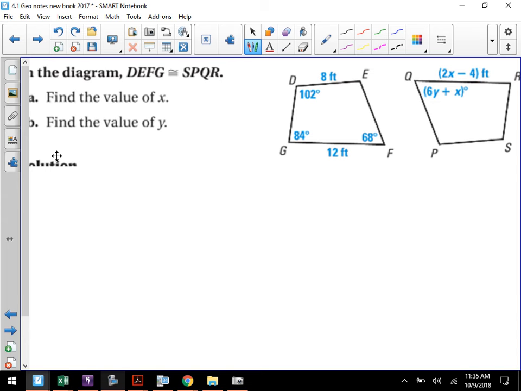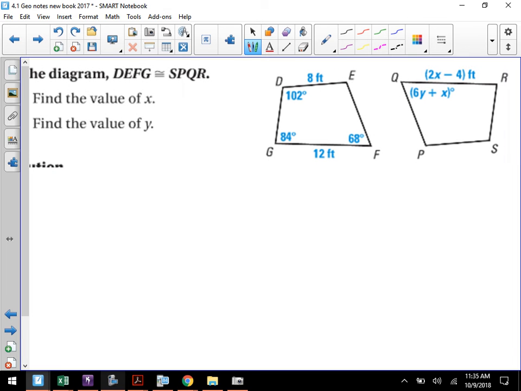So when you're looking at it, it tells you to figure out what the value of x is and then find the value of y. Well, if I'm looking at where those variables are located, I've got one at QR. What segment does QR have to match up with?